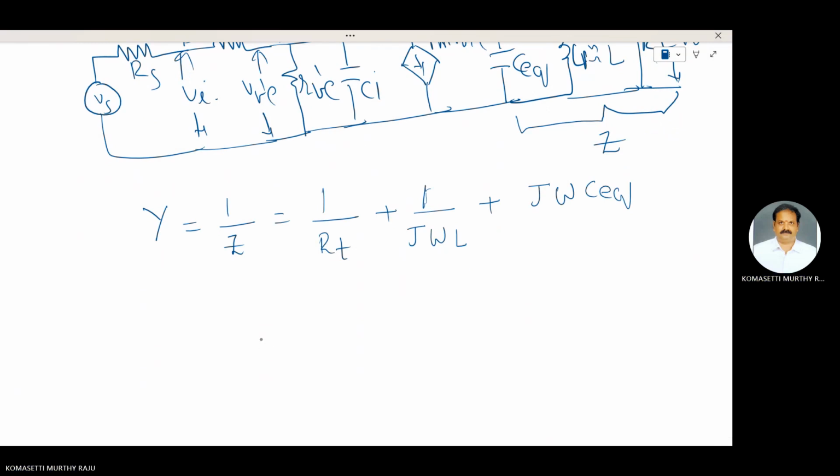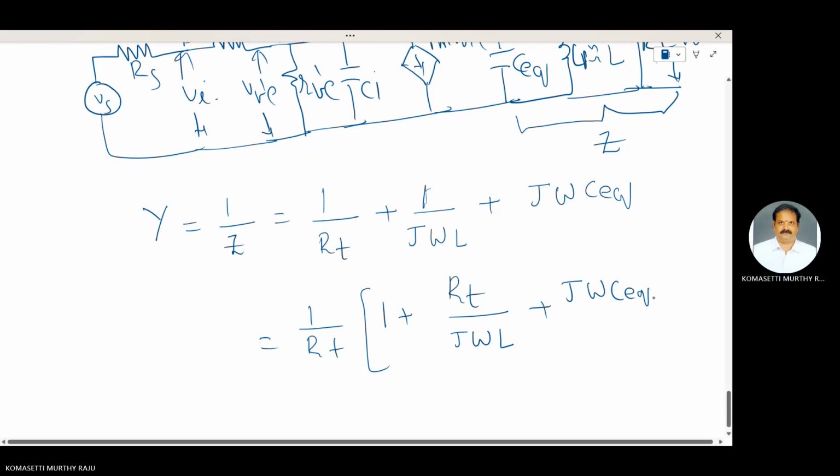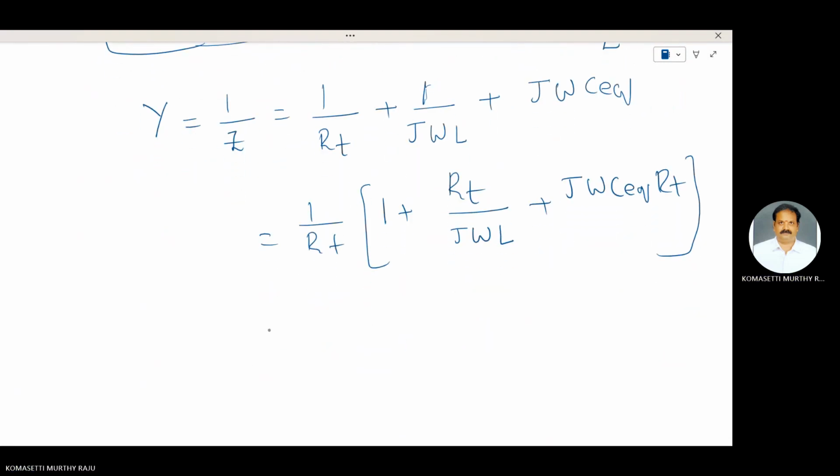Here 1 by RT is the common term: 1 plus RT by jωL plus jωC equivalent into RT, that is 1 by RT.